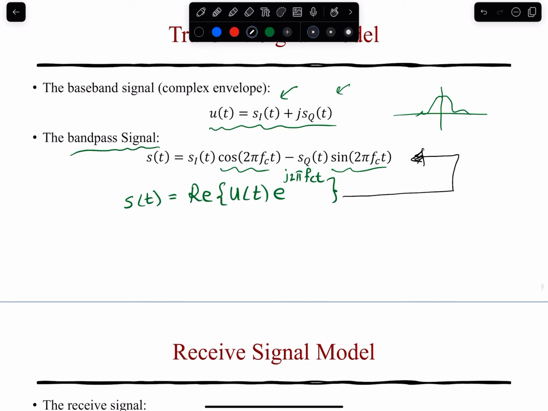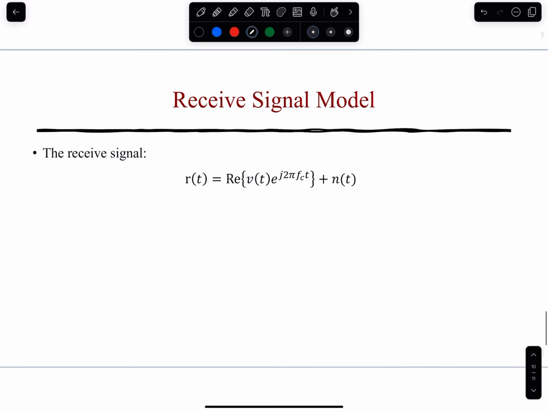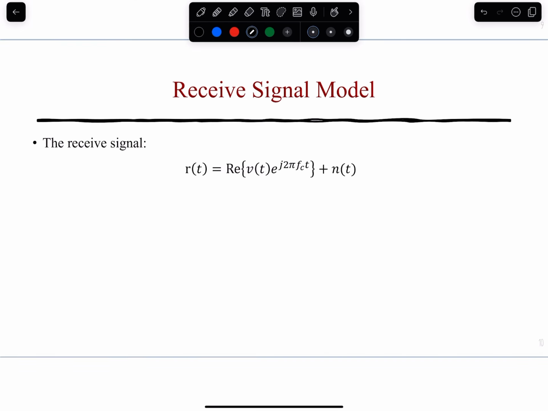We are going to transmit this over the air. At the other end, the receiver is going to receive a distorted version of that signal. So the receiver is going to receive the real part of v(t), and this v(t) is a function of the transmit signal and the channel response. And if we are talking about a linear time invariant system, this is simply a convolution between u(t) and h(t).